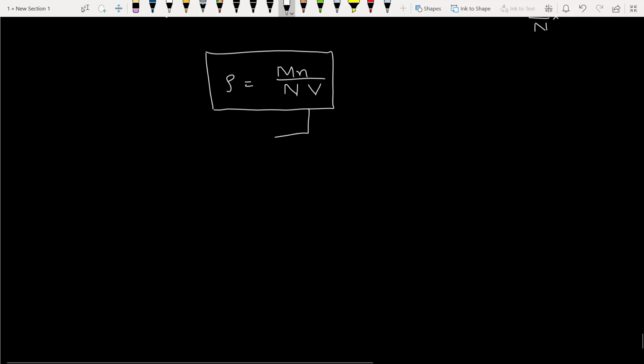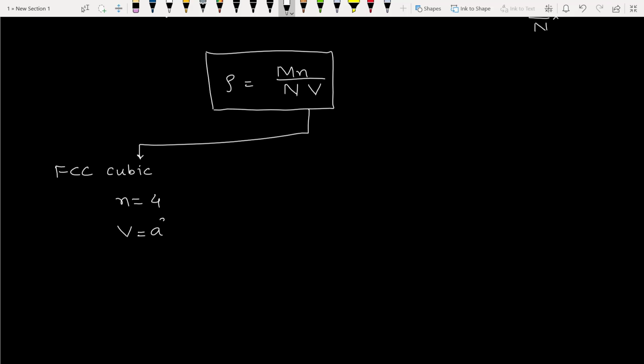And if we assume it is a cubic structure, that is FCC, face centered cubic, then small n is 4, the number of atoms per unit cell, and volume is a cube, where a is the edge length of the cube. Then the density will be M into 4 upon N a cube.